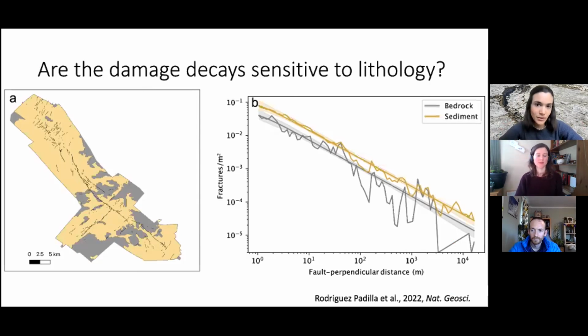So here we mixed everything together, and our criteria was that the parent fault of the fracture was whatever the nearest fault was. That obviously gets pretty tricky when you get to the intersection between the main shock and the foreshock, but that's the criteria we held.